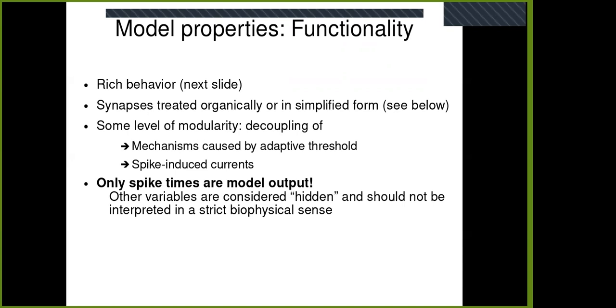Everything else, even though I think it makes more sense, I would not say is biophysical. Treat it as a black box: you put in some input current and you get out the spike. This is what the model does. We don't claim anything more.